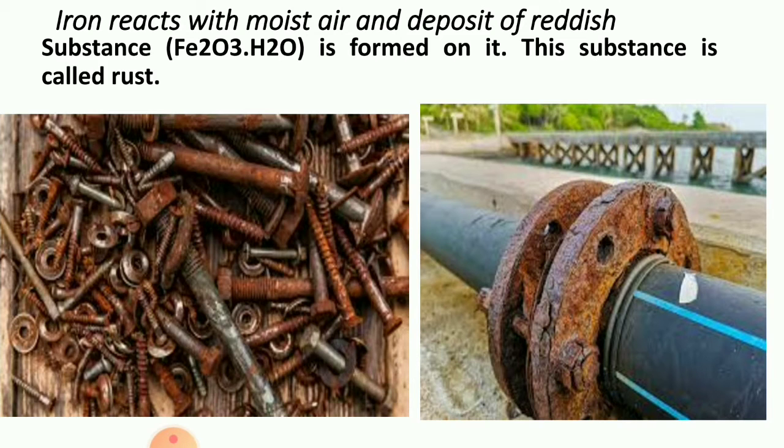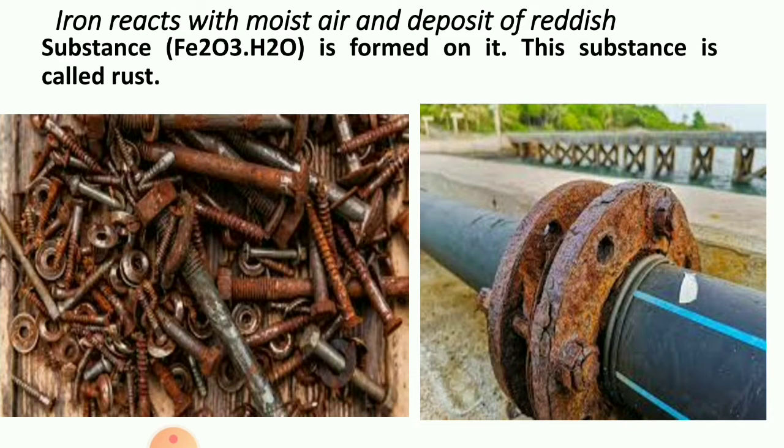So this iron reacts with moist air and a deposit of reddish-colored substance forms on it. That deposit is iron that has already reacted with oxygen, and some water molecules also get trapped inside this iron oxide.